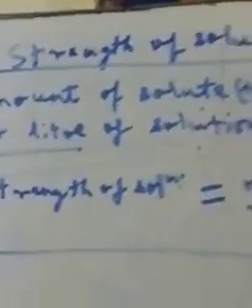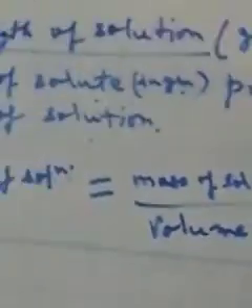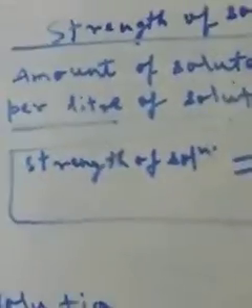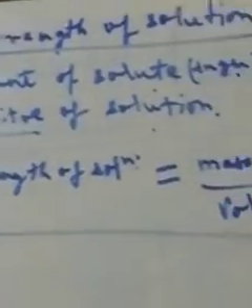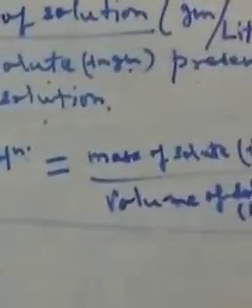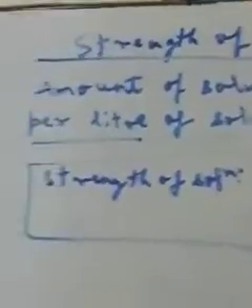Strength of solution is expressed in gram per liter. Liter is volume, and gram is mass. So the strength of any solution can be defined as the amount of solute in gram present per liter of solution.